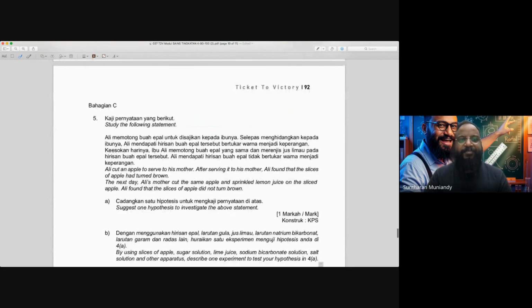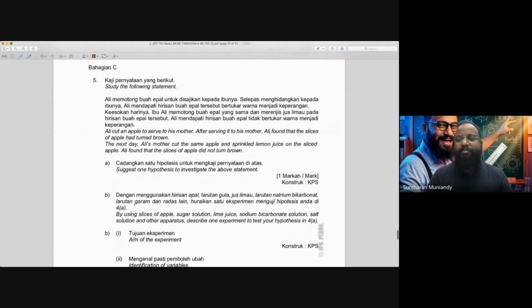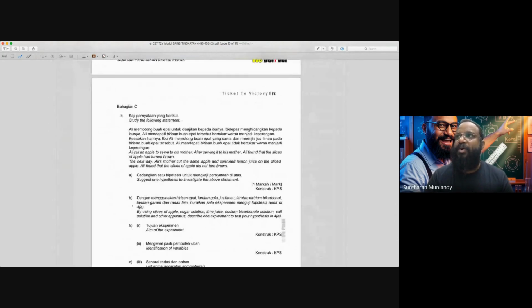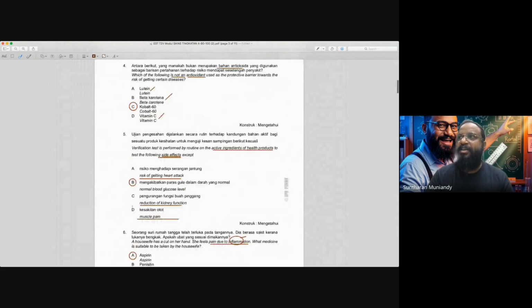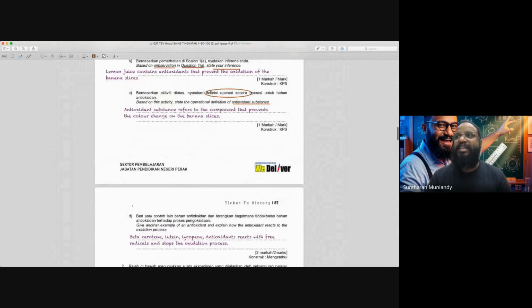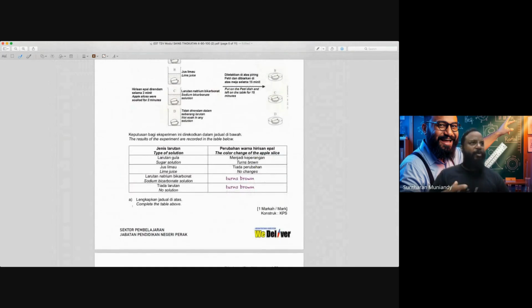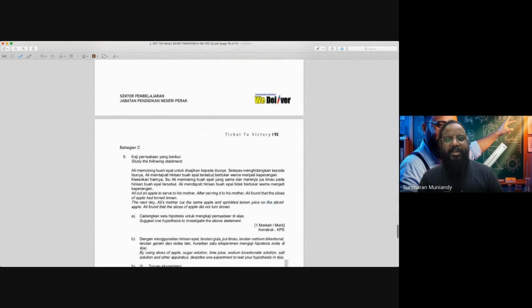Okay. Bahagian C pula. Let's look at bahagian C. Okay, so we have completed the objective questions. We have completed the structure questions. You can see almost the same kind of components are being repeatedly asked. Now let's look into essay question.